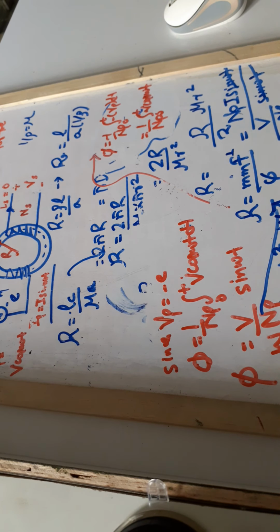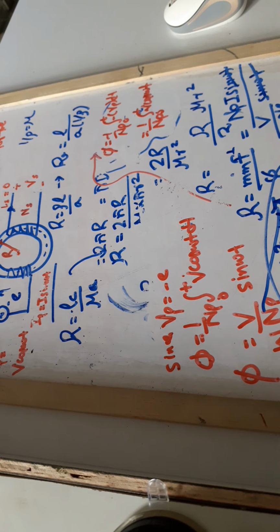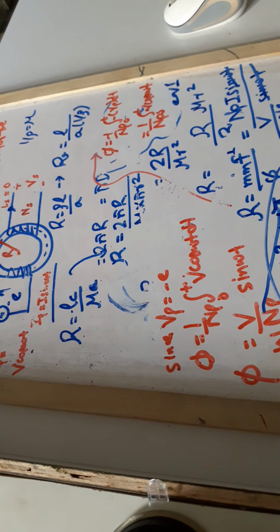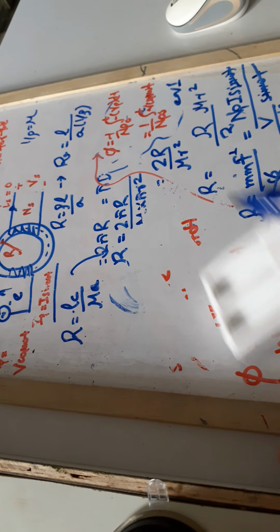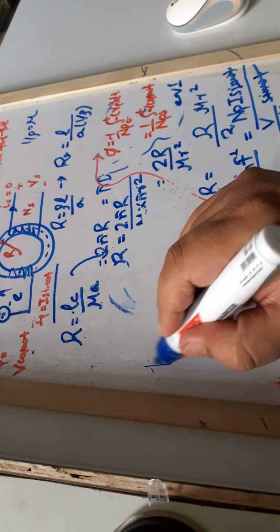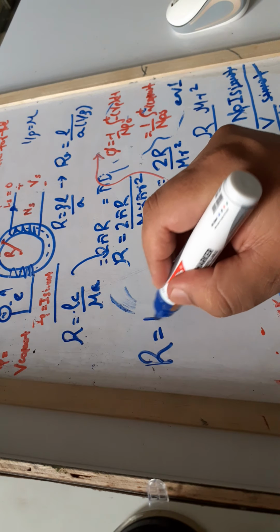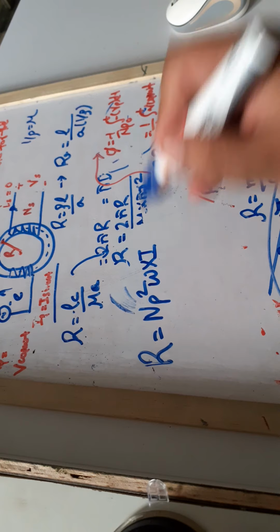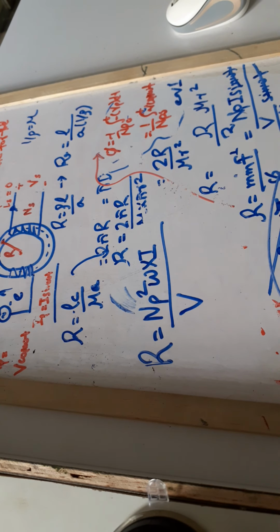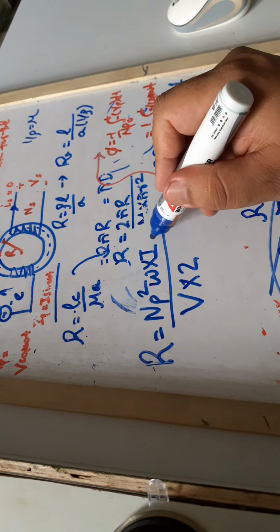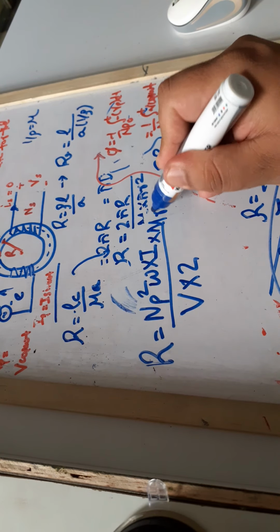Let this be equation 2, and the earlier one equation 1. If I substitute this reluctance value here, how much will I get? The reluctance value is Np square omega I divided by V, into mu r square divided by 2.